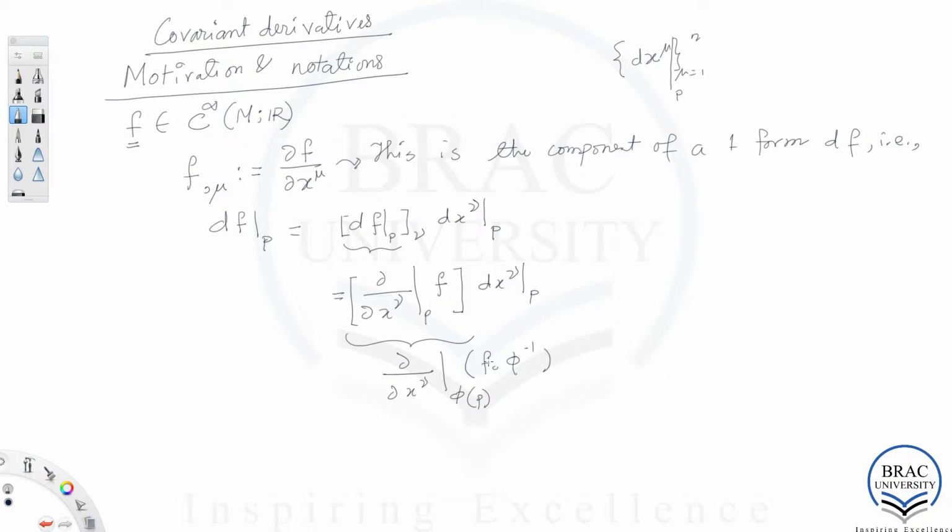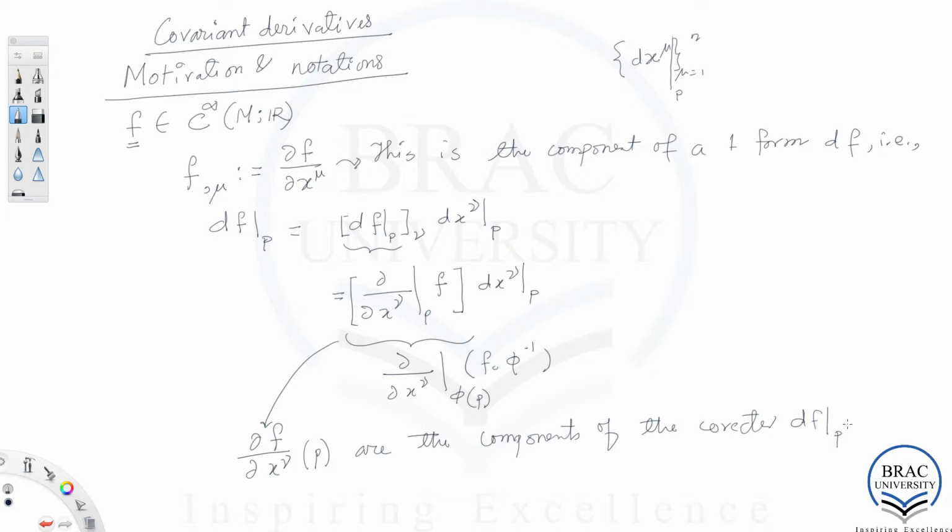So for del f by del x nu evaluated at P, these are the components of the covector df restricted to P.